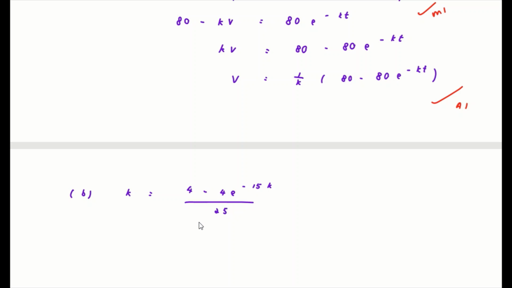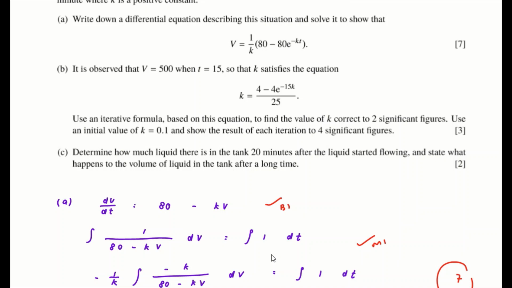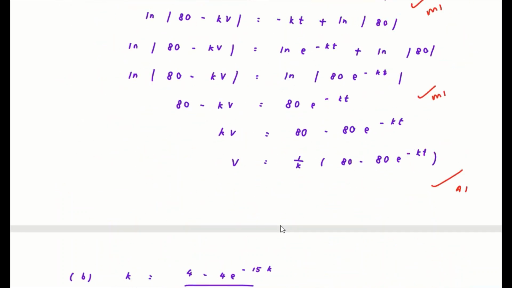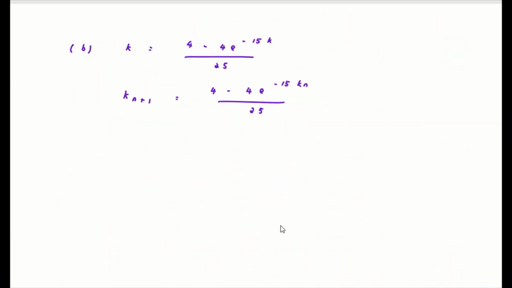So you need to write down the iterative formula by yourself, which is K n plus 1 equals 4 minus 4e negative 15 K n over 25. So the question already gives you that set your initial value as 0.1, then show every iteration up to 4 significant figures. So you just continue to do everything. Same thing, I'm going to fast forward this part.